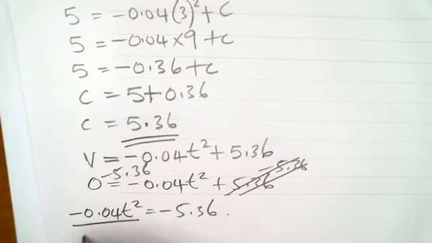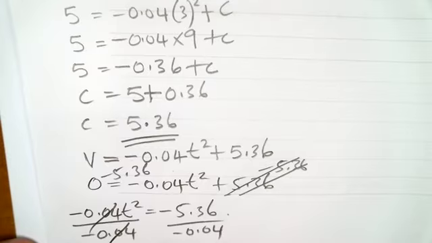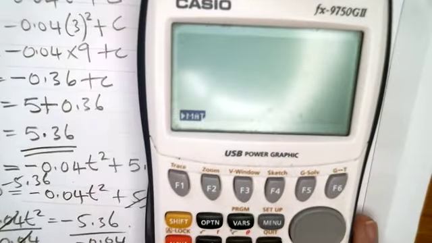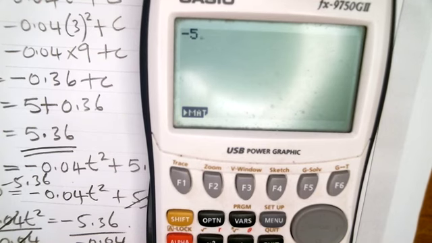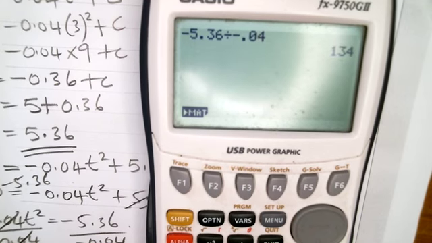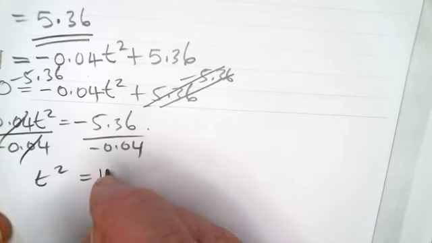And I divide both sides by negative 0.04. t squared is equal to, let's see where we land with that. I'll just do it on the calculator. Negative 5.36 divided by negative 0.04 is 134. So t squared is 134.